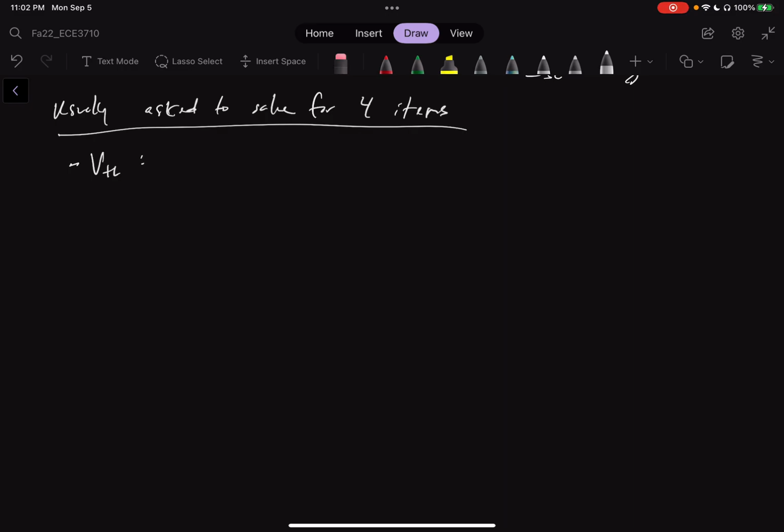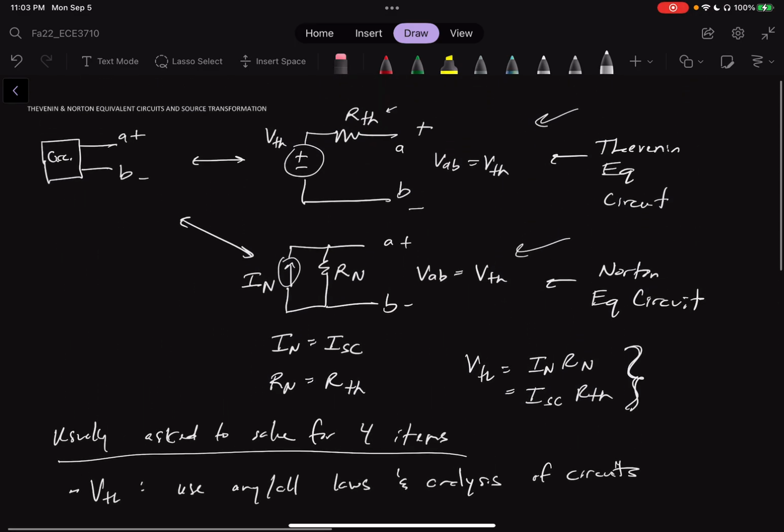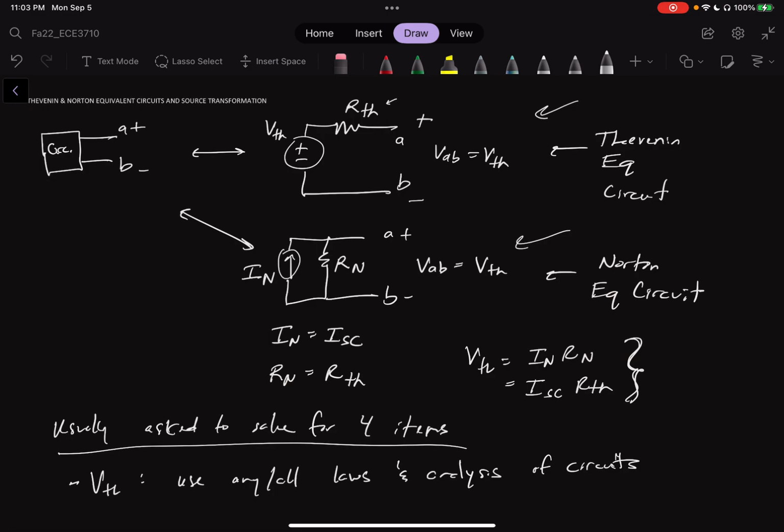To solve for V Thevenin, use any or all laws and analysis of circuits. What do I mean by that? I mean Ohm's law, voltage divider law, current divider law, Kirchhoff's voltage law, Kirchhoff's current law. You can use mesh and node analysis to solve for V Thevenin, which is the open circuit voltage across node AB.